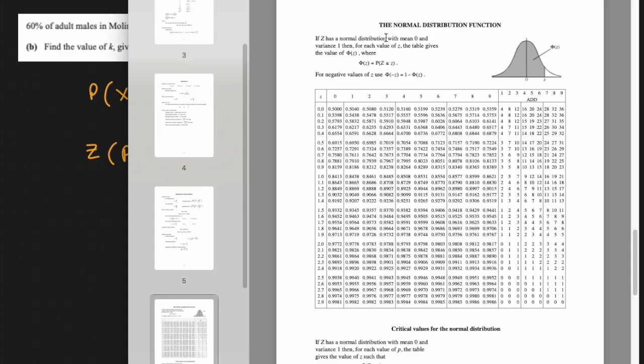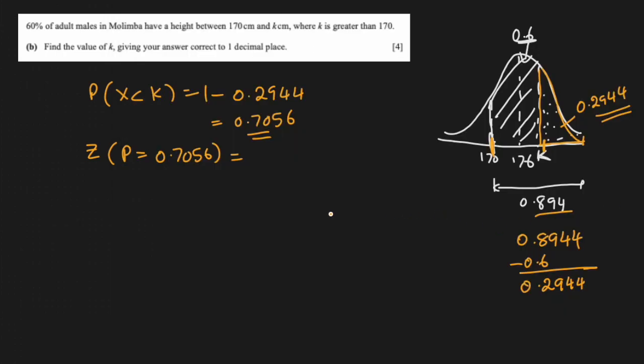So let me go to the table again. 0.7056. 0.7054 is here, 0.54. Okay, and then we need 2 more. And we don't have 2, we have just 3. But 2 is closer to 3, so I'll say 1. 0.541. Yeah, 0.541 is the z-score.